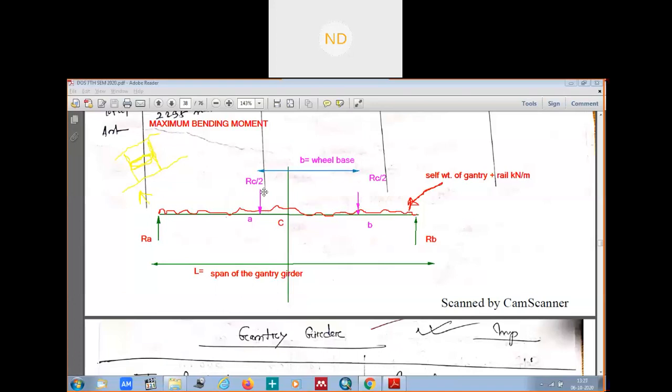That means the distance between this wheel and this wheel is B, suppose.